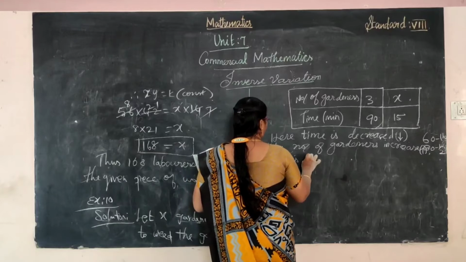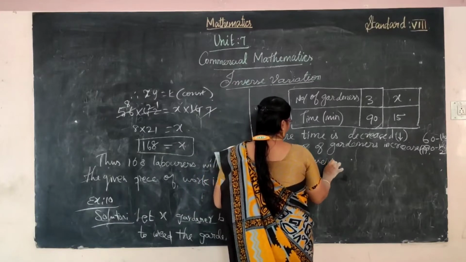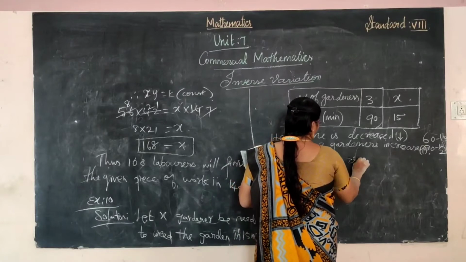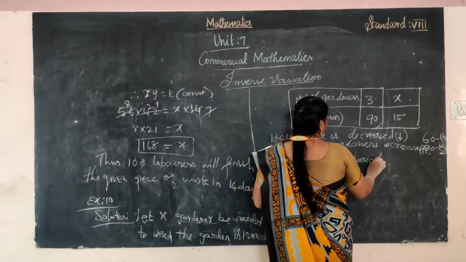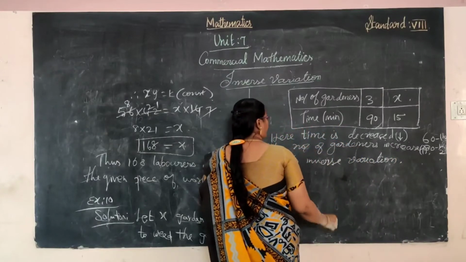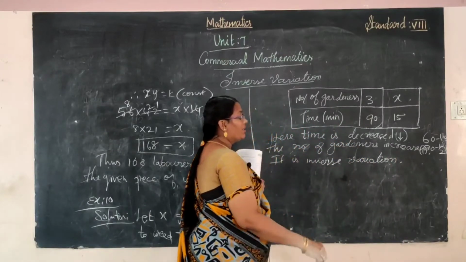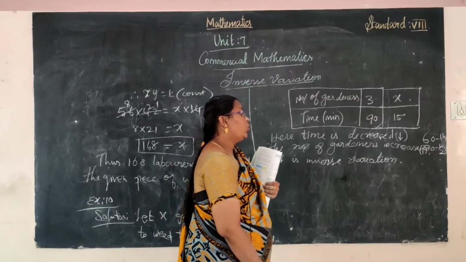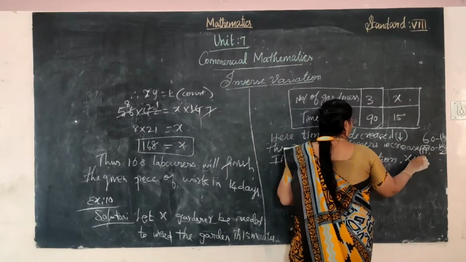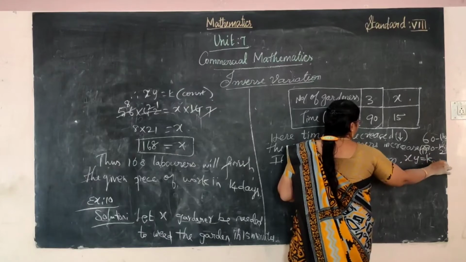It is inverse variation. Okay, so the product of the quantities is equal to a constant. So x into y, xy is equal to k constant.